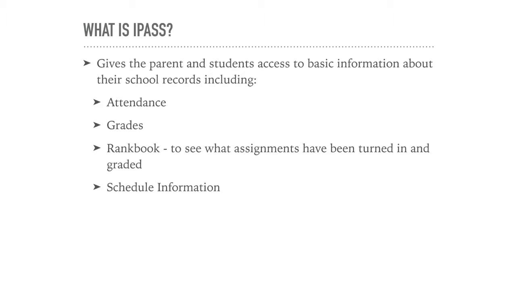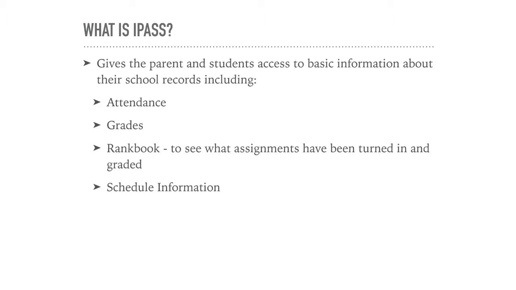iParent and iStudent is a portal where a parent can log in, see student grades, see their progress report, see MCAS scores, SRI scores. Once they're posted to the website, I bring them into iPass.